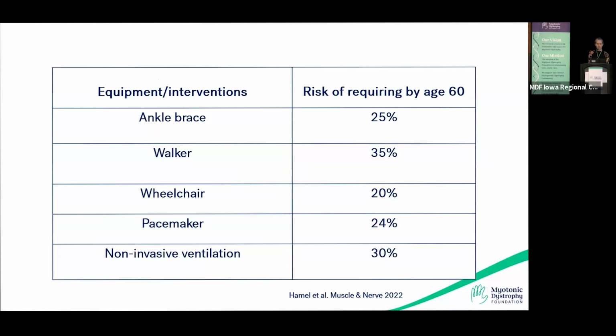If we just look at age 60 and think about at what point people are requiring certain interventions, by age 60, 25% of people were using ankle braces, 35% using a walker, 20% using a wheelchair, 24% had a pacemaker placed by that time, and 30% were using non-invasive ventilation like a CPAP or BiPAP for sleep apnea or respiratory muscle weakness.